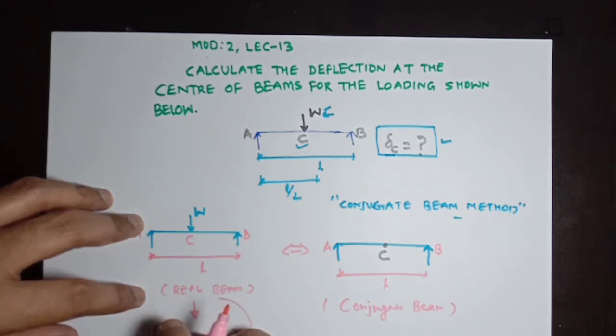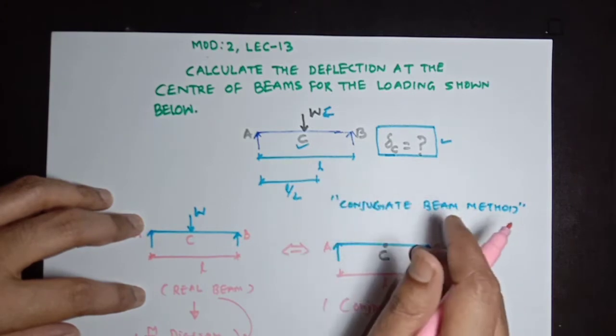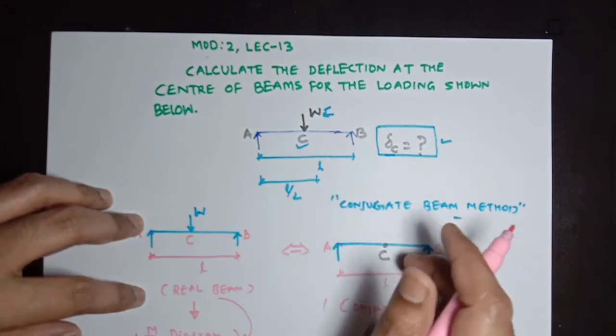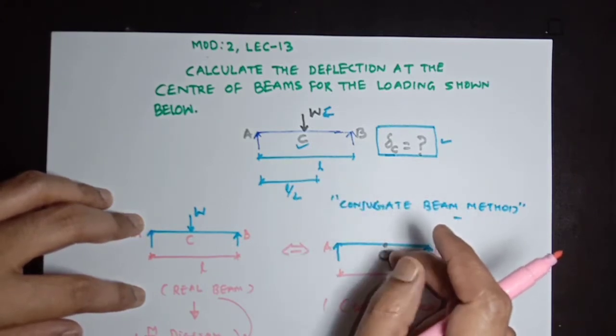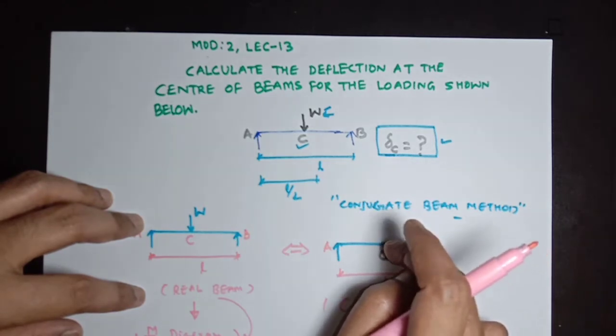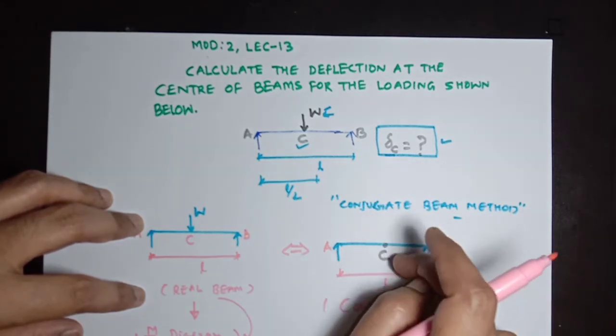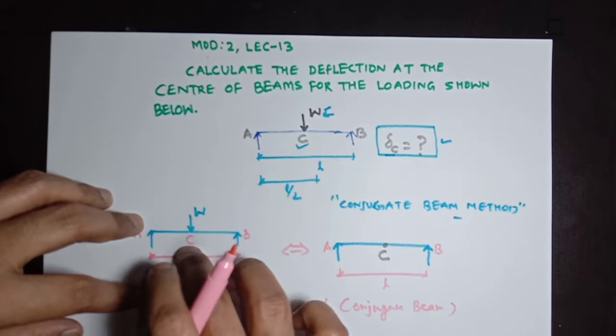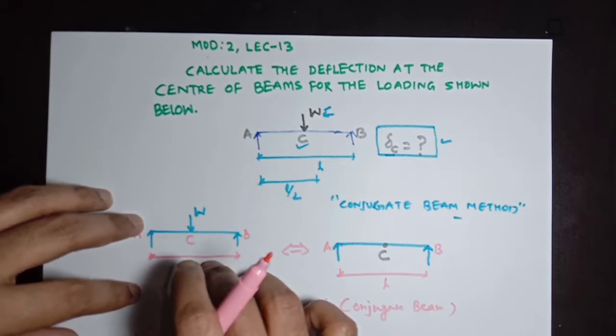Then this M over EI diagram will be directly put on this conjugate beam. After that I will be finding bending moment at center C of this conjugate beam that will give directly deflection at C of this real beam.